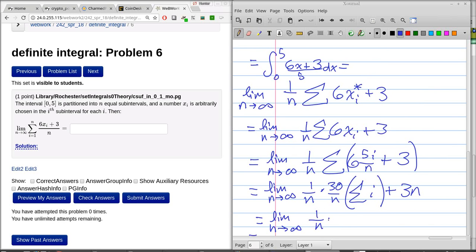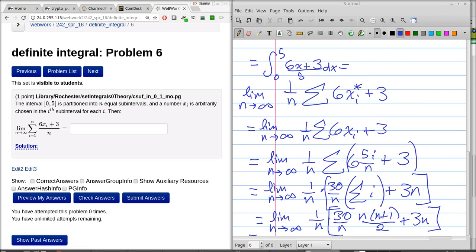1 over n times 30 over n. And this, of course, becomes n times n plus 1 over 2. And oh, look, I made a mistake with my brackets here. So this 1 over n is going to hit everything. And you've got a plus 3n here. So go to it.